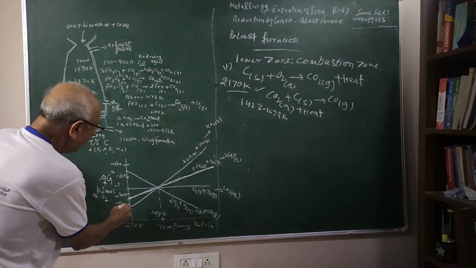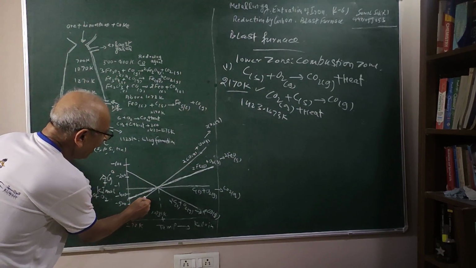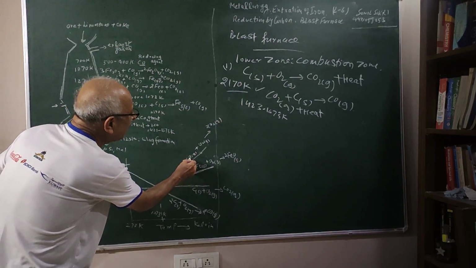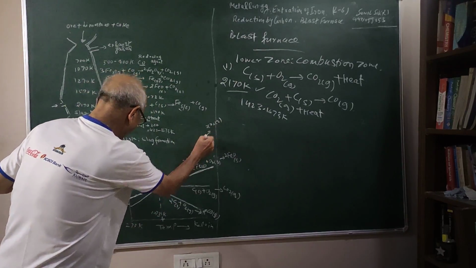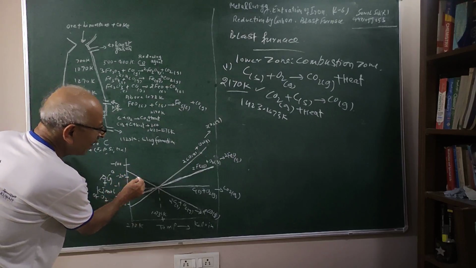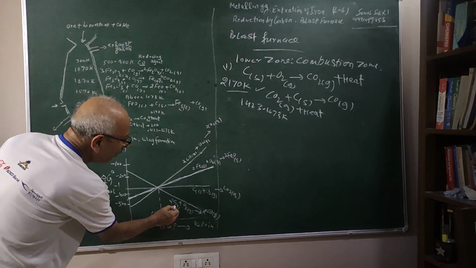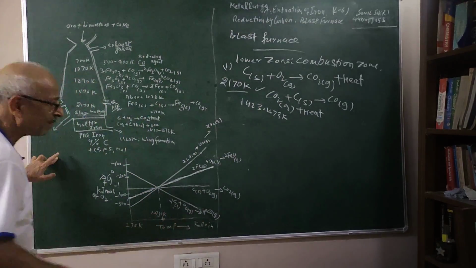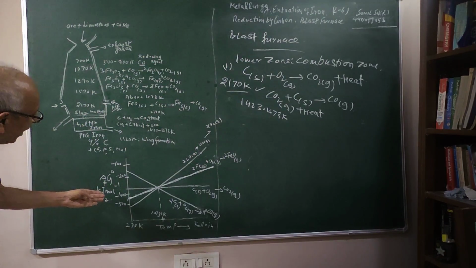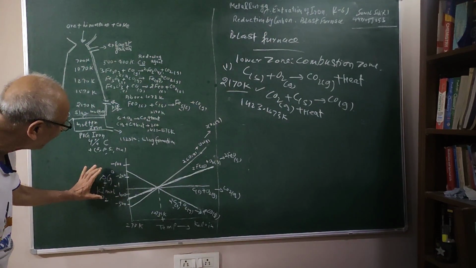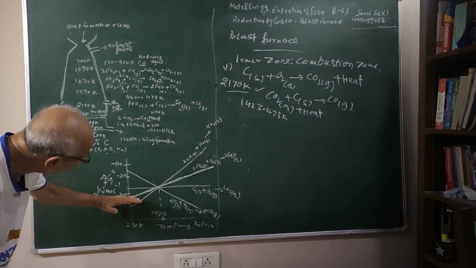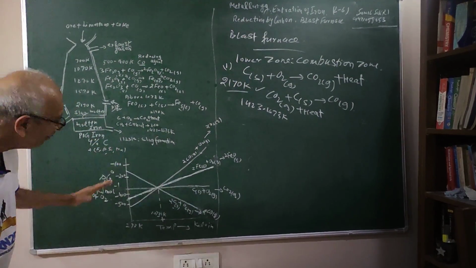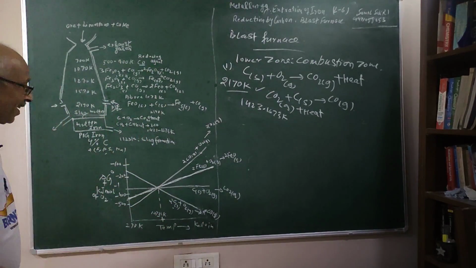Here you can see that this is a line which is carbon monoxide to carbon dioxide, and this is a line where carbon, coke, reacts with oxygen to form carbon monoxide. Students, these are the values which we have plotted. These are ΔfG° values. These are negative values. They are becoming less negative as I go up. Temperature is in Kelvin.